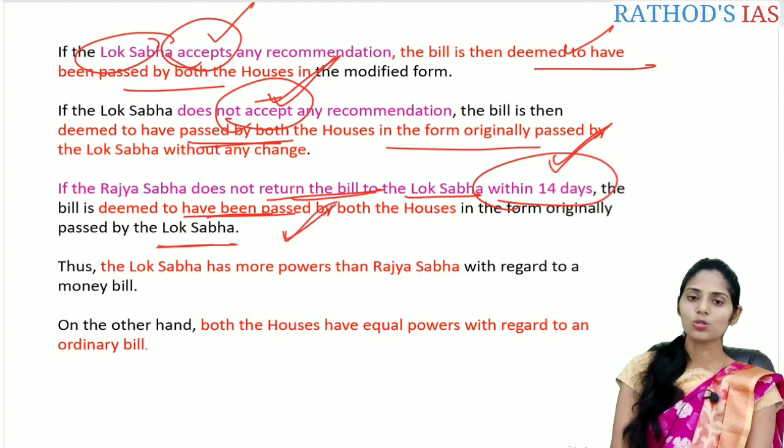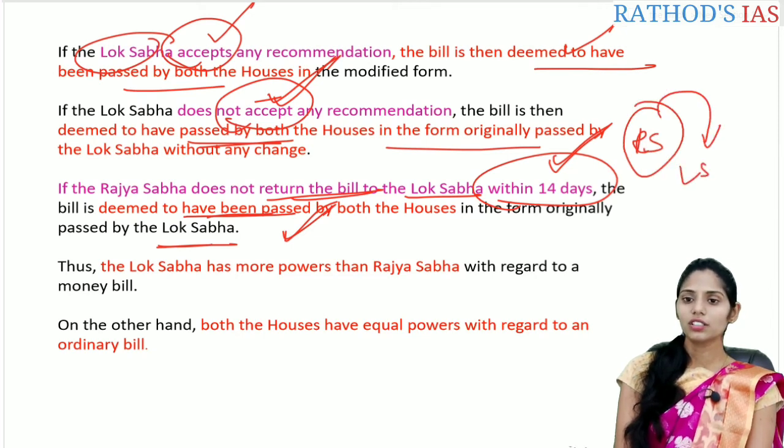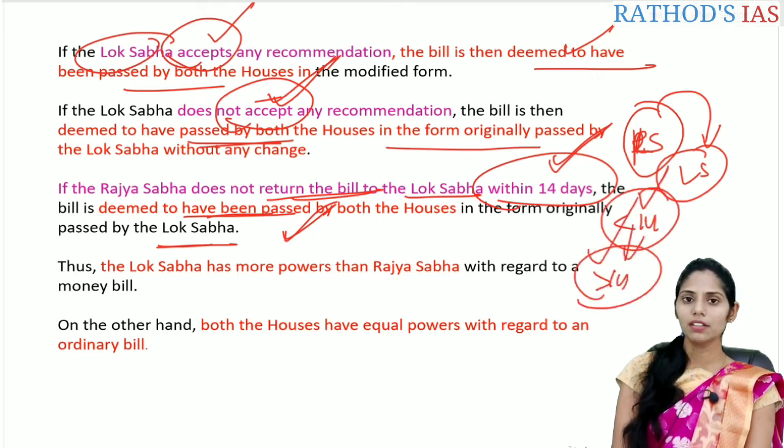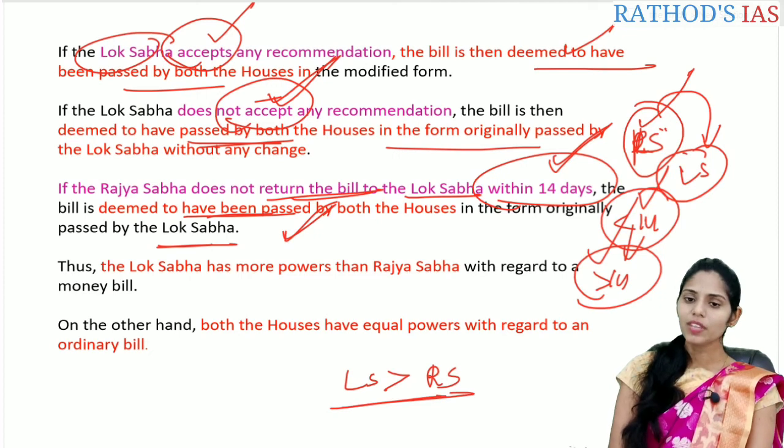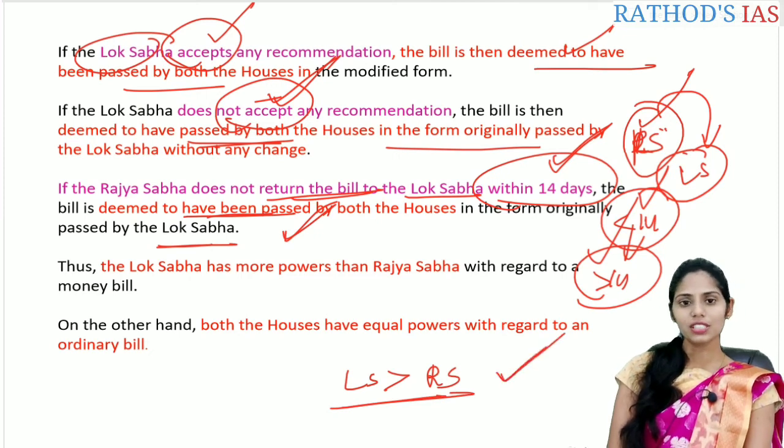So in this case also, if the bill is not returned by the Rajya Sabha to the Lok Sabha within 14 days, then after 14 days the bill is deemed to be passed by both the houses, the Lok Sabha and the Rajya Sabha, in its original form without any amendments or modifications. So thus we can say Lok Sabha has more powers compared to the Rajya Sabha, mainly with regard to the money bill.